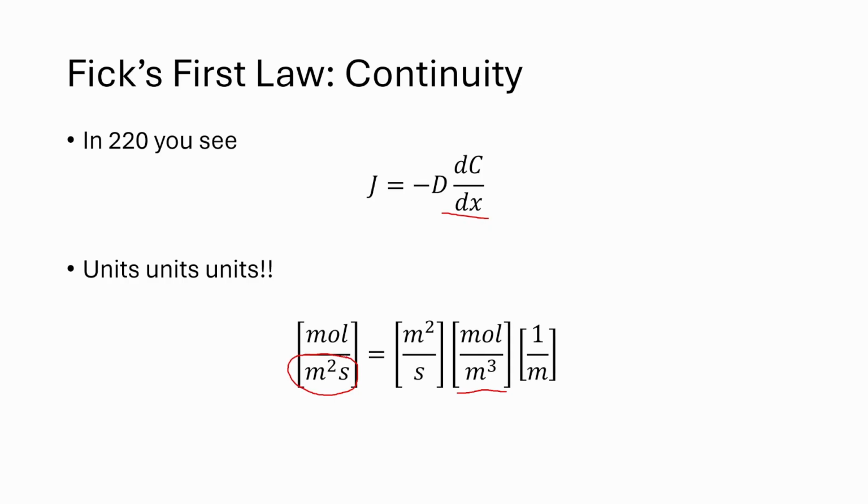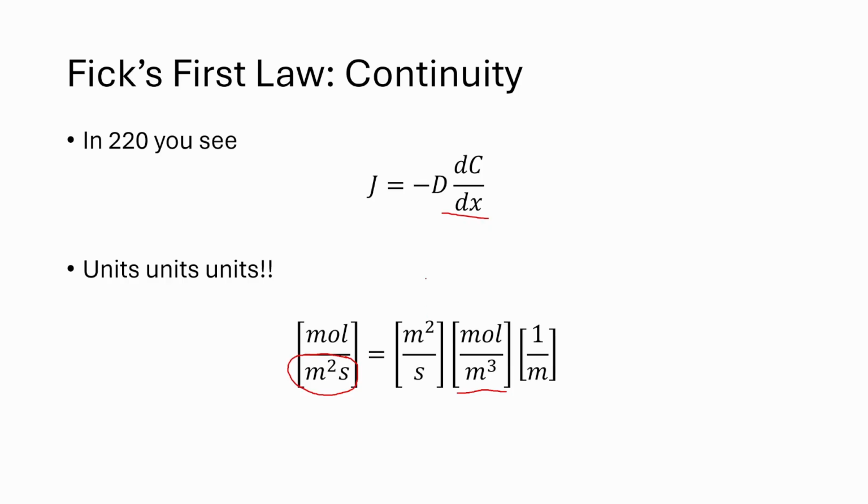So that's the per meter squared per second. And then the numerator is moles because it's moles of whatever substance we have moving through that surface. The diffusivity coefficient, this meter squared per second, that's just the proportionality that makes the units work out. I wouldn't overthink that one.